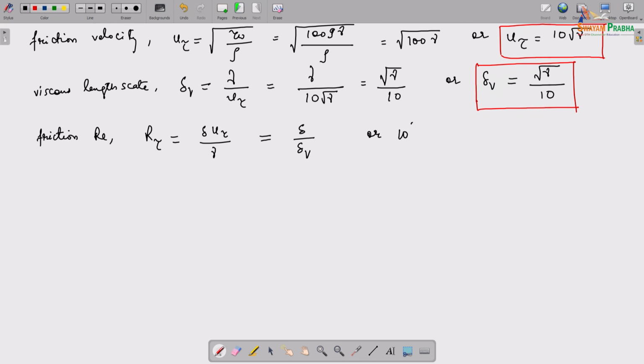So Re tau is equal to delta by delta V, so then delta is equal to 100 nu.